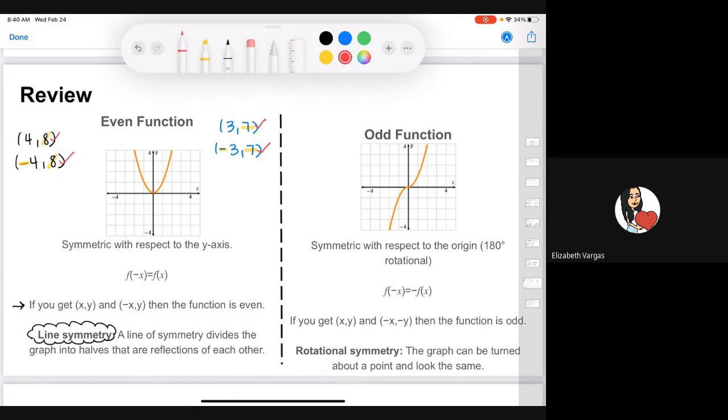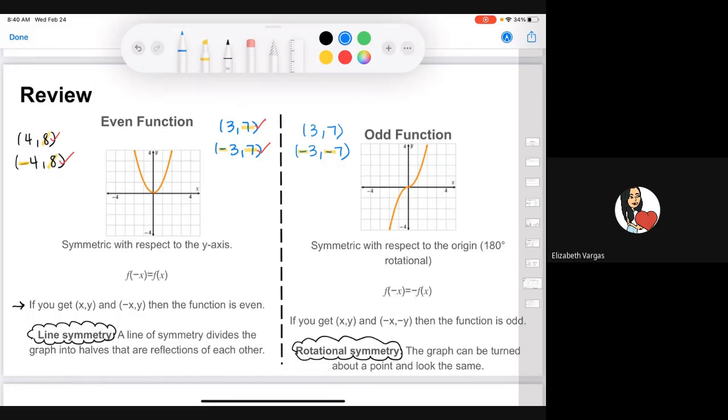Okay, what about odds? Well, we learned that odds deal with rotational symmetry. But we learned that odd functions are a little different. For example, if I start with 3 and 7, like I did in my even, in order for something to be odd, I would have to end with -3 and -7. So both of my coordinates need to go from positive to negative.